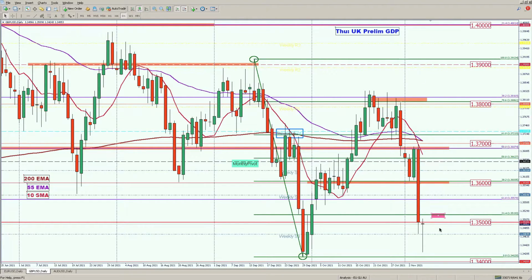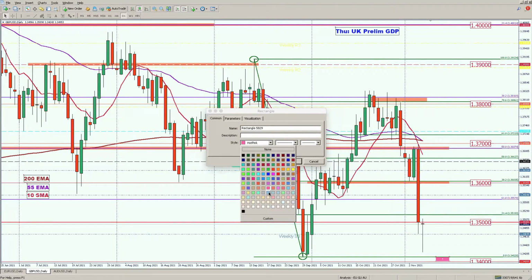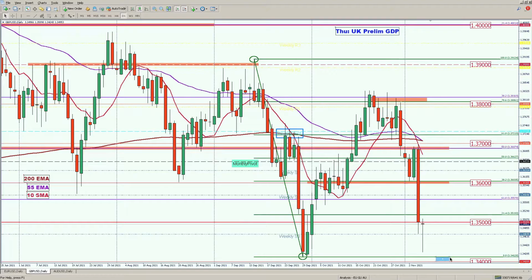So this is the support level here. All right, so that's from 134.12 to the 00.